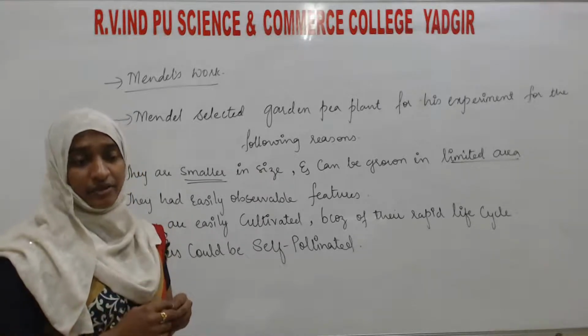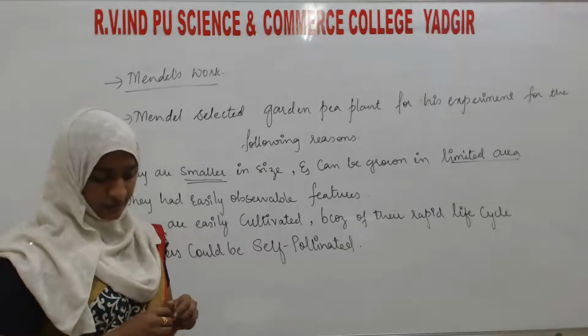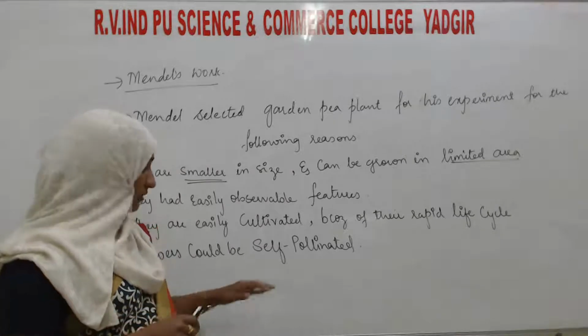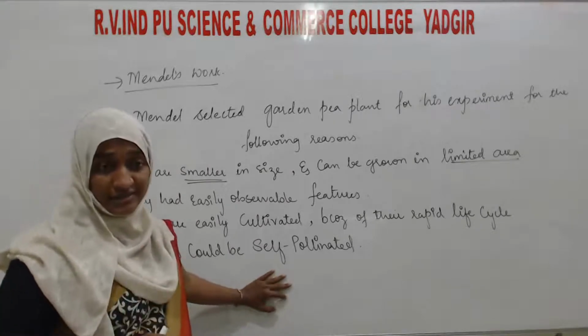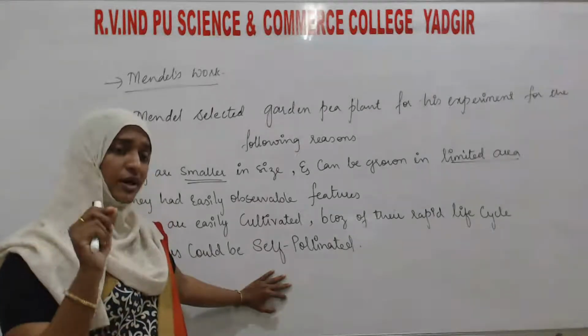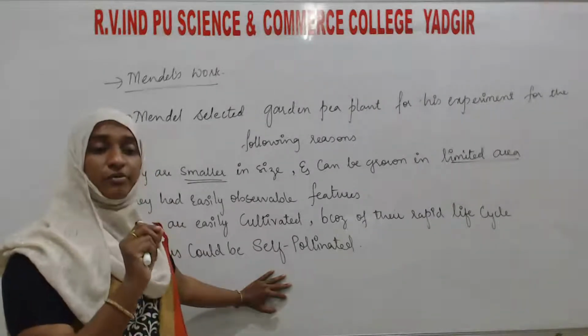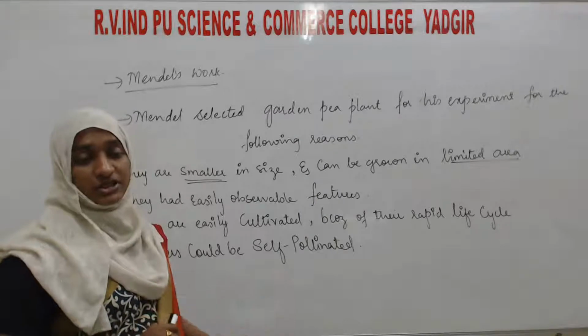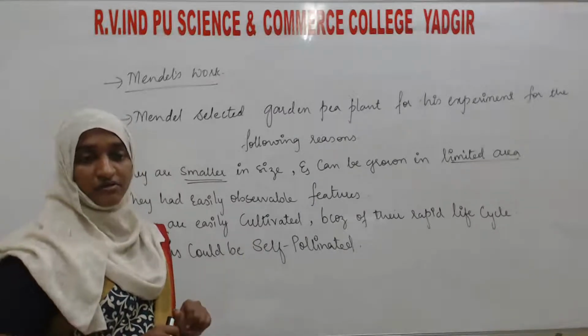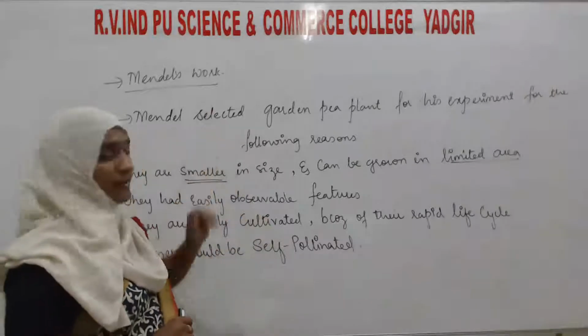If self-pollination was not necessary, and he wanted cross-pollination, he would accurately cross-pollinate through the emasculation and bagging technique. All these things were done by Mendel.